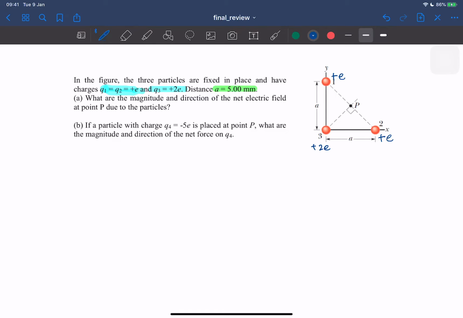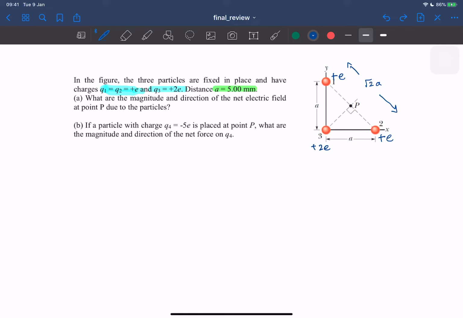So A is 5 millimeters. So that means 1 and 2, these two guys are a distance of square root of 2A apart from each other. So that's a simple Pythagoras theorem. So what do we need to find? Well, we need to find the magnitude and direction of the electric field at point P due to the three charges, right?